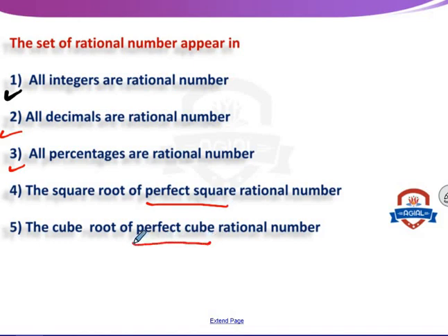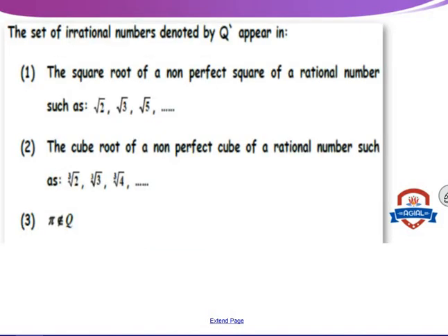Okay, so what is the meaning of the set of irrational numbers? The set of irrational numbers is denoted by Q dash and appears in number 1, the square root of a non-perfect square, such as the square root of 2, the square root of 3, the square root of 5.